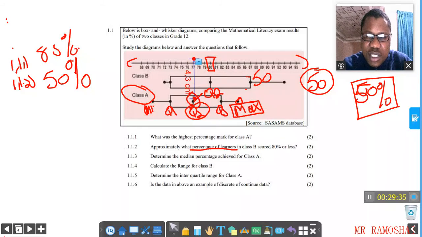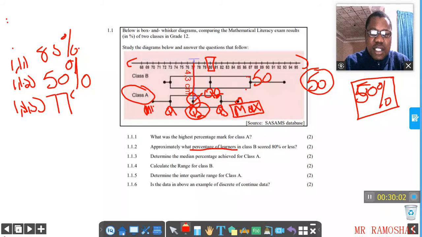When you look closely at your quartile 2, we can see that this is 77. So it's going to be 77% is our middle number in class A, right?